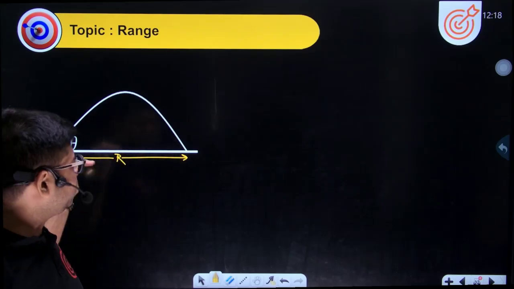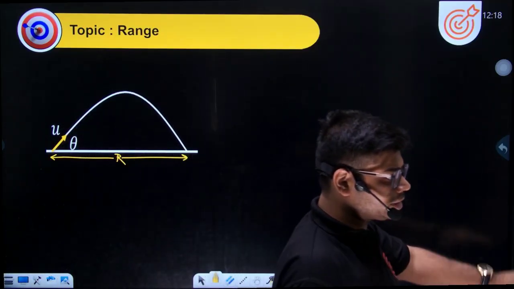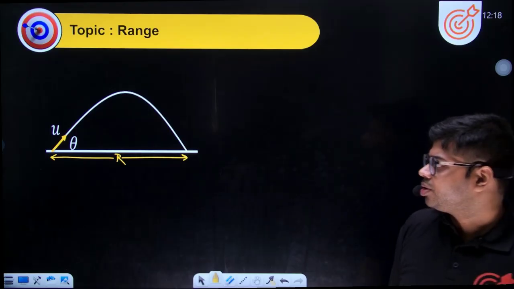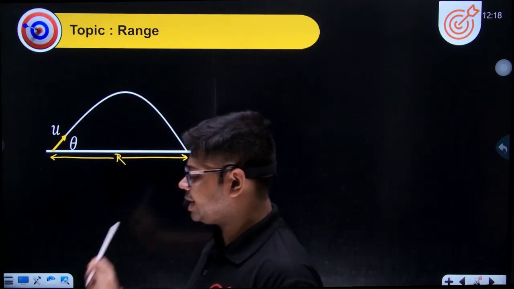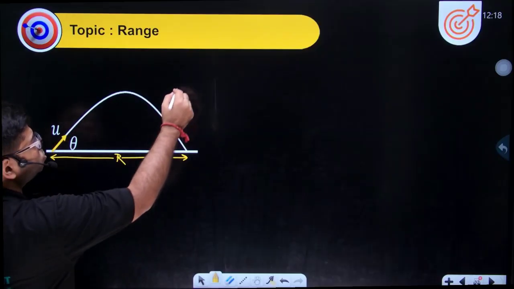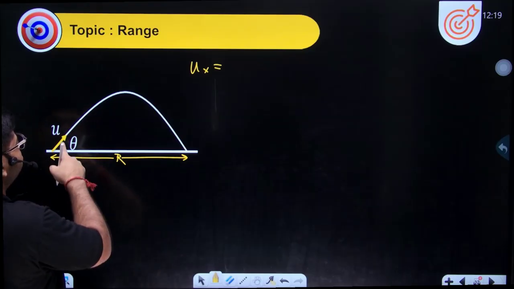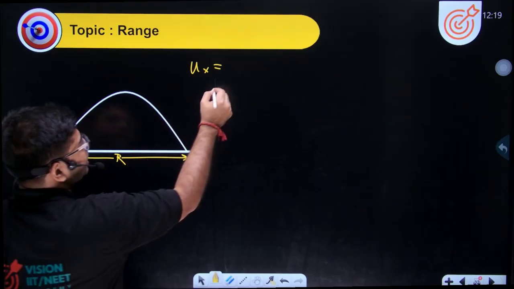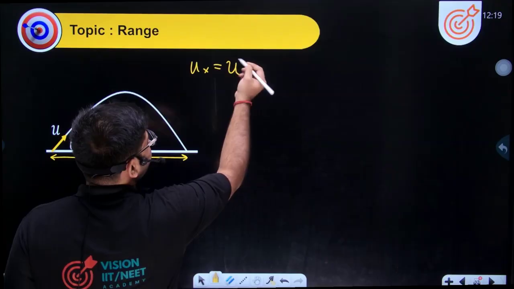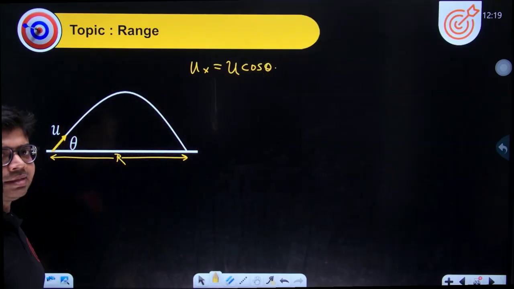Range is covered in horizontal direction. So it is only the x direction we should be considering. So you see what is the velocity along my x direction? Ux. And what is it? If it is u and this angle is theta, then I can say that it is nothing but u cos theta. This is the velocity along the x direction.